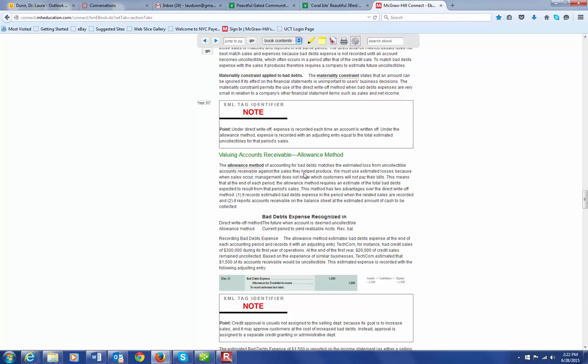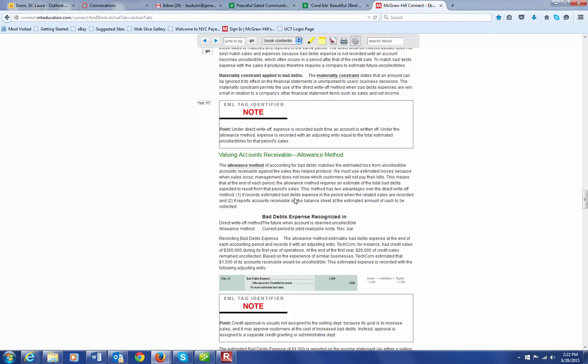So the allowance method matches the estimated loss from uncollectible accounts receivable against the sales that they help to produce. So we have to go about estimating it, and with the allowance method, there's a way we go about doing that. There are two advantages to it.